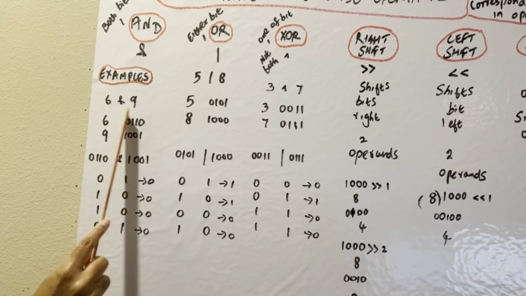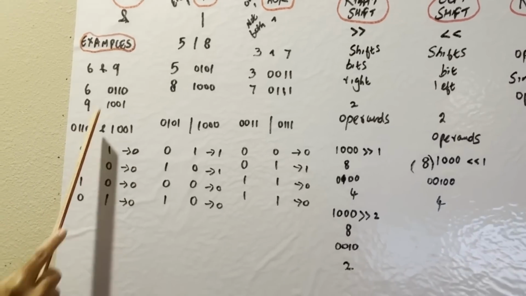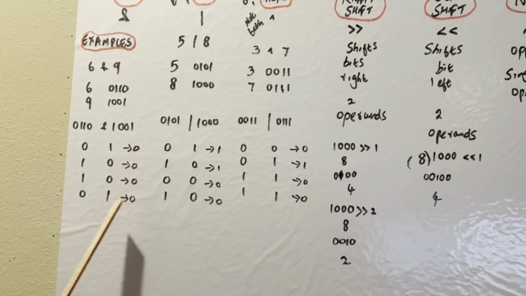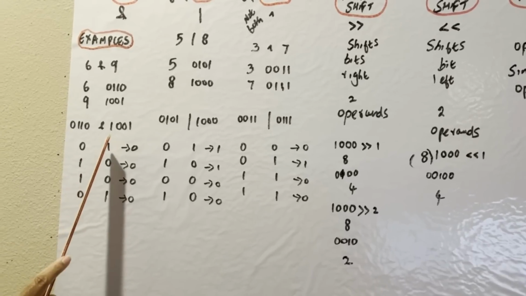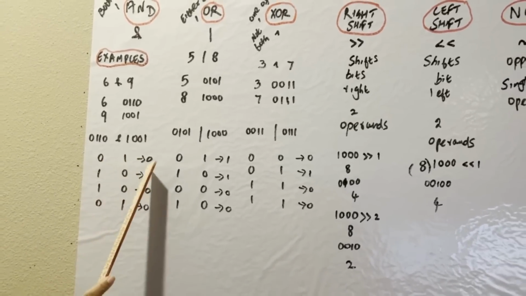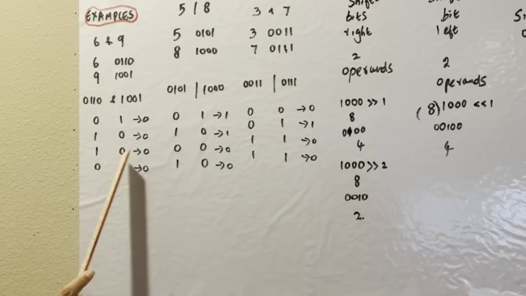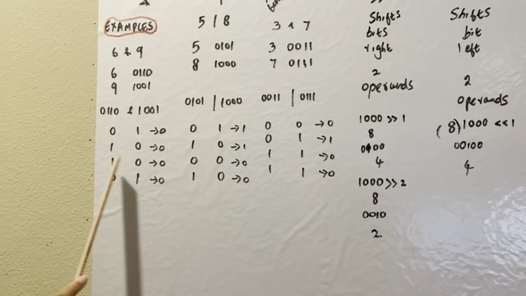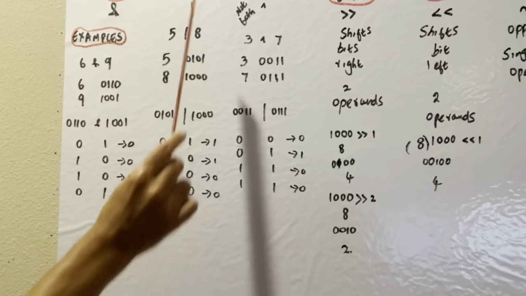When you execute this statement in C language, this is what happens: 0110, the bitwise operator AND, and 1001. If you see the corresponding digits, 0 and 1 is 0, 1 and 0 is 0, 1 and 0 is 0, 0 and 1 is also 0. When both are 1 only, it will be 1. That is the AND operator.